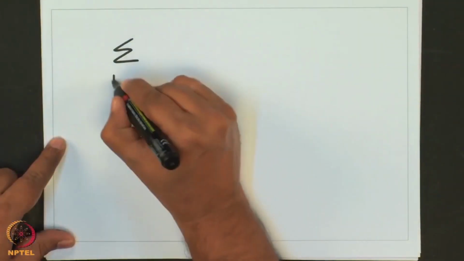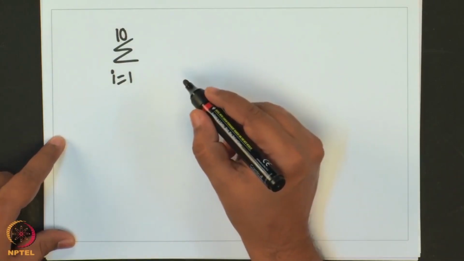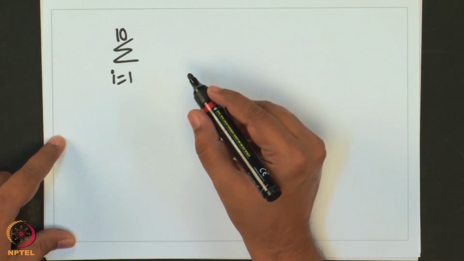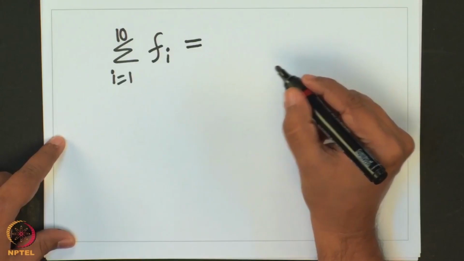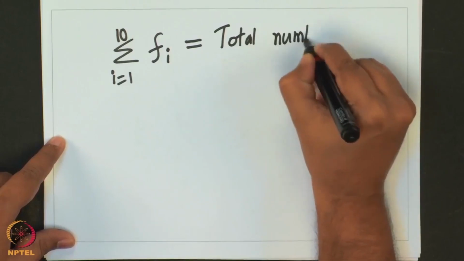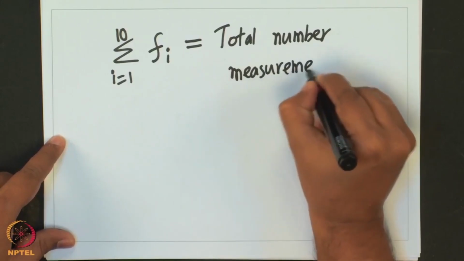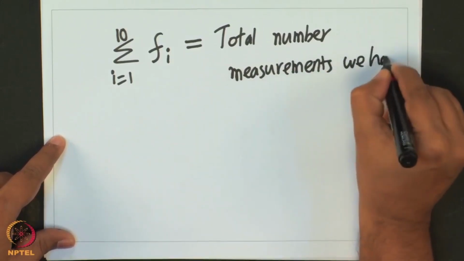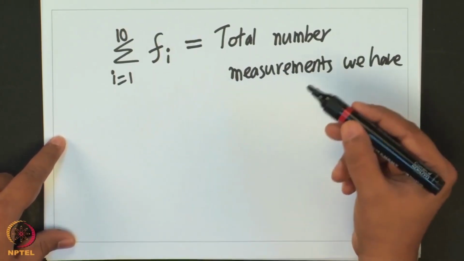Now let us think of a meaningful quantity here, which is sum over I, 1 to 10. In this case there are 10 range values. So if there are 10 of them, sum over I Fi gives us the total number of measurements we have. If we have 100 cells, sum over I Fi will be 100. If there are 1000 cells, sum over I Fi will be 1000.